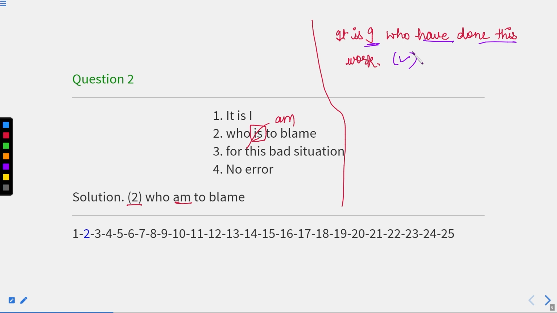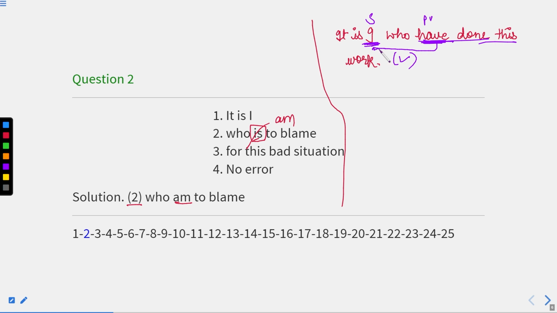Whosoever person does any work is known as the subject. Now, which task has been done? That have done this work. Who has done this work? Of course I. So I is the subject who has done this work. Therefore we have written "have", the plural verb used according to I, and this verb should be used according to this subject only. That is why we have used "have" and not anything else.